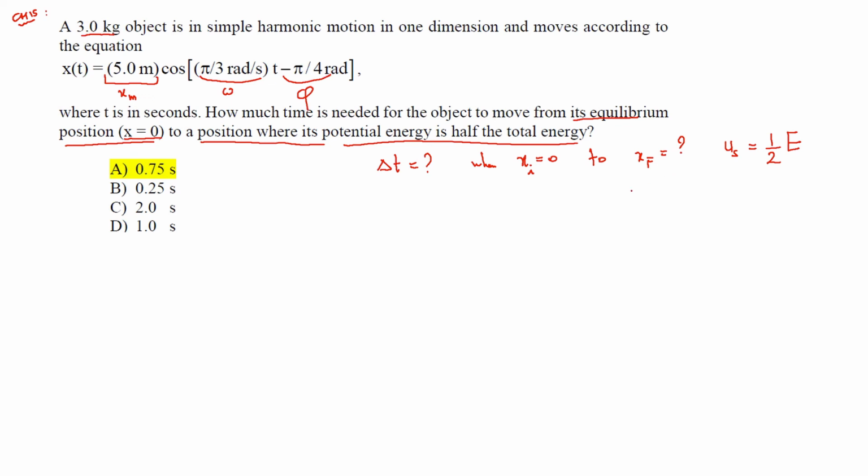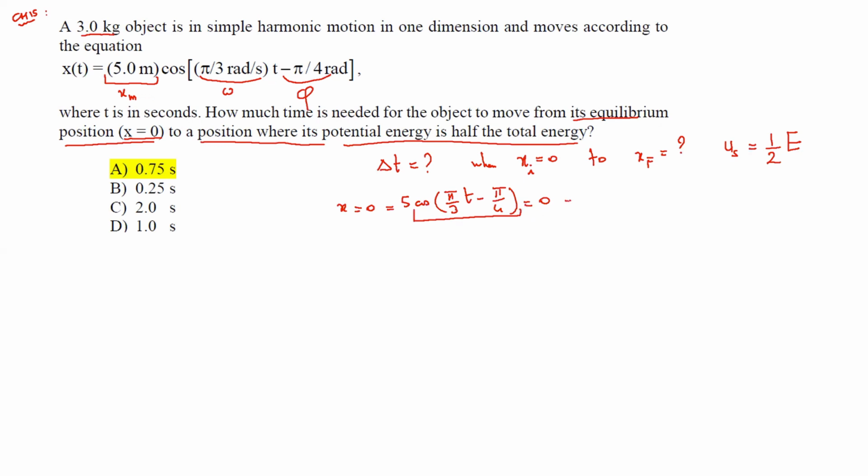First thing first, let me get the time when x equals 0. Of course, x equals 0 means 5 cosine of (pi over 3 t minus pi over 4) is equal to 0. Meaning this cosine is equal to 0.